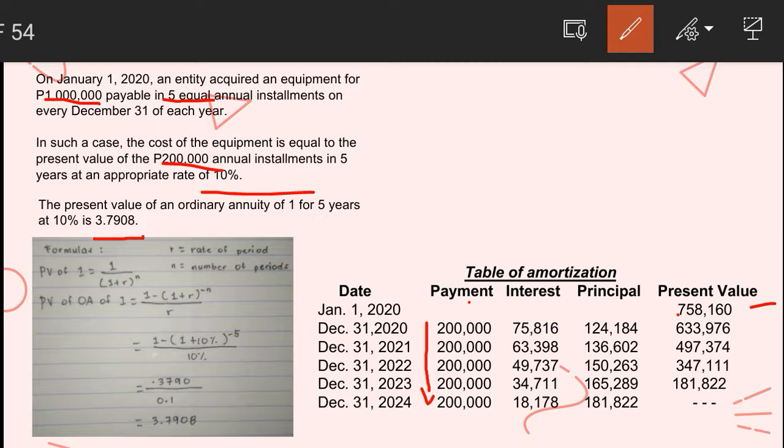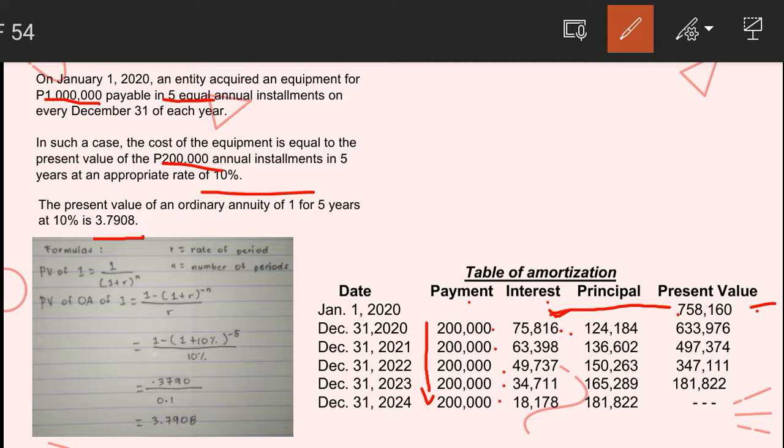In the first column, the payment is the annual installment of 200,000, five of them: 1, 2, 3, 4, 5. For interest, we get the present value times the 10% rate, which is 75,816. To get the principal, the payment of 200,000 minus the interest is 124,184. That is your principal payment.